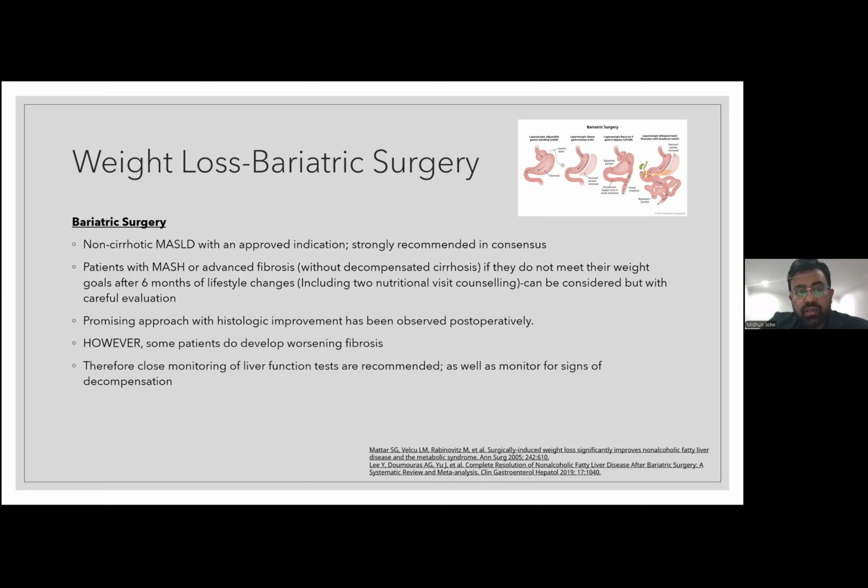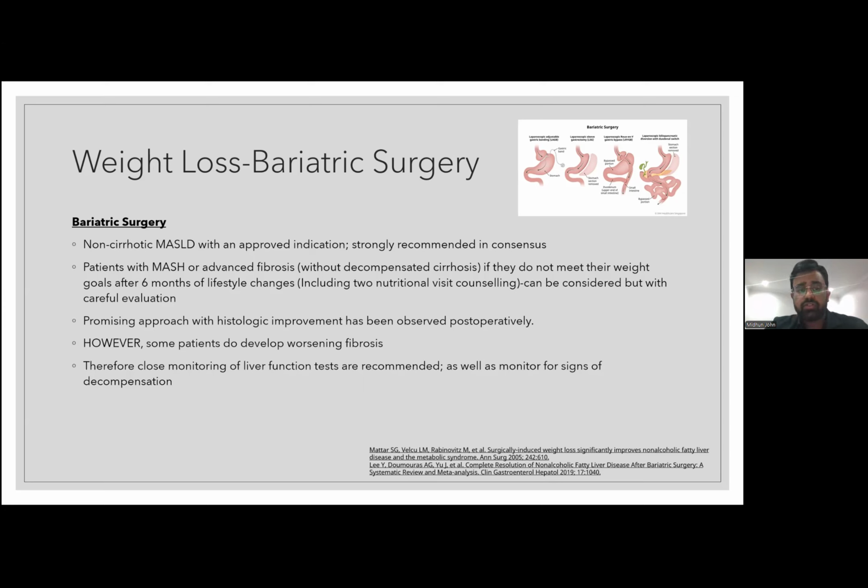But in patients with MASH or advanced fibrosis without decompensated cirrhosis, if they don't meet their weight goals after 6 months of lifestyle changes, and in particular they did mention also including 2 nutritional counseling visits, these patients can be considered for bariatric surgery on a case-by-case basis.